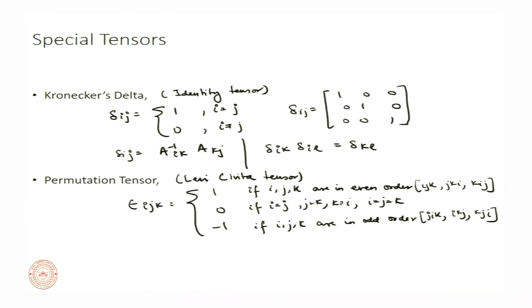This tensor is typically used in the cross product. If C vector equals A vector cross B vector, then C_i equals epsilon_ijk a_j b_k. We can test it out quickly. Say A vector, taking just two components, is a1, a2, 0, and B vector is b1, b2, 0.